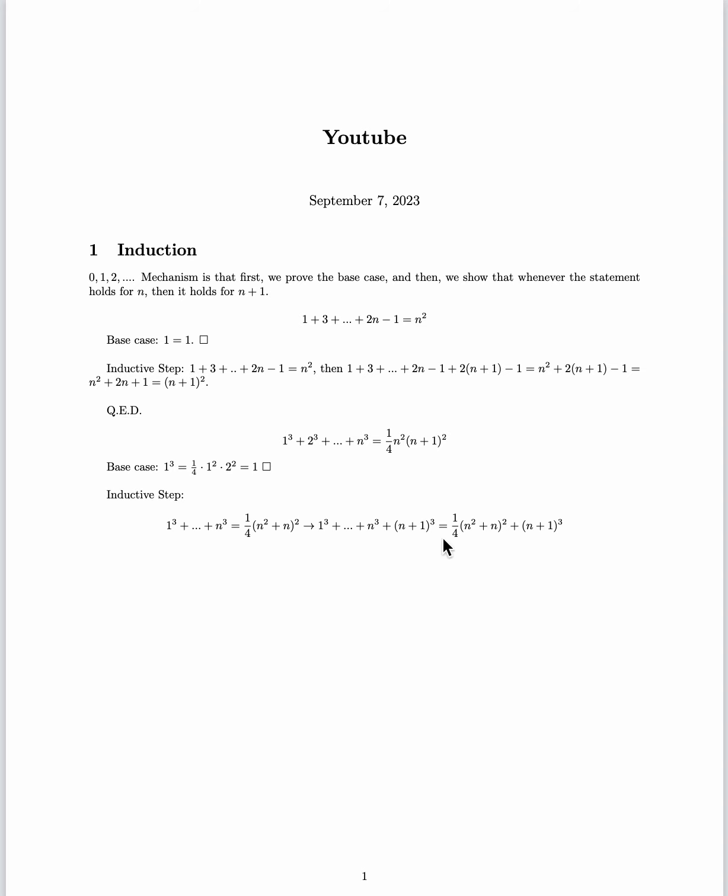Actually, we can even take out a 1/4, just to simplify the calculation, no big deal. And 1/4 times n plus 1, well, actually we can even just take out the n plus 1 squared. That's going to be even simpler. And n plus 1 squared times, well, the left-hand side becomes n squared, plus, keep in mind that we still have to multiply by 4, so 4 times n plus 1.